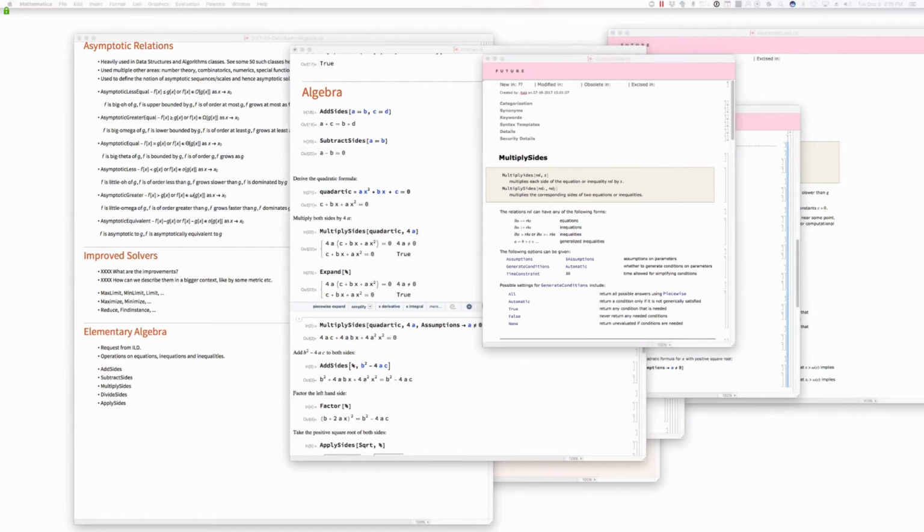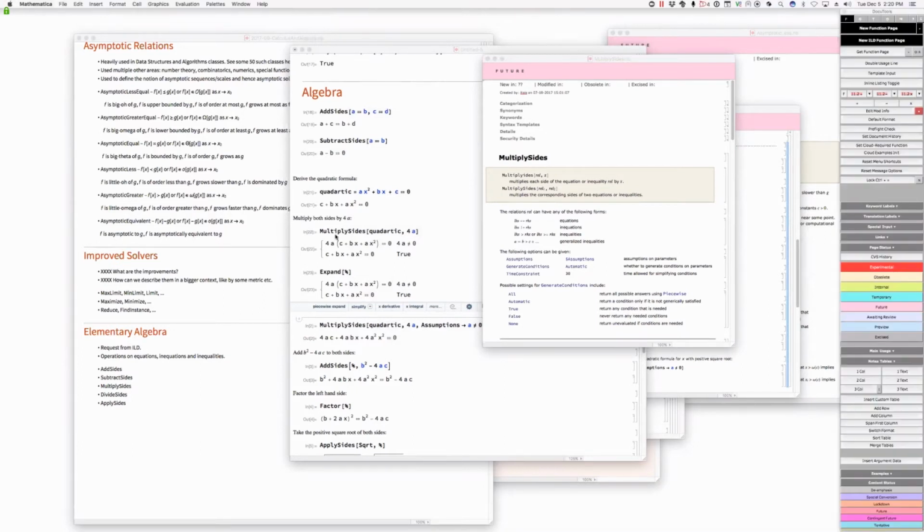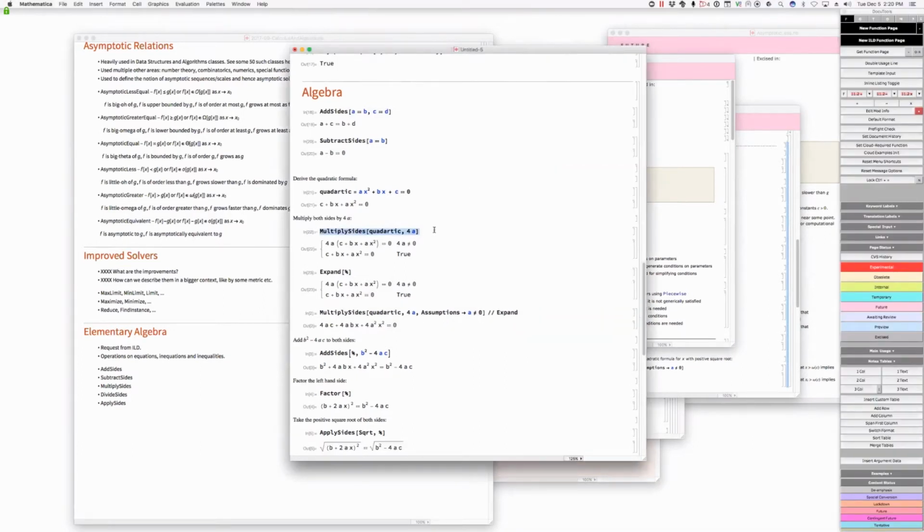So I guess my question would be, for the typical student, at some level generate conditions are automatic.